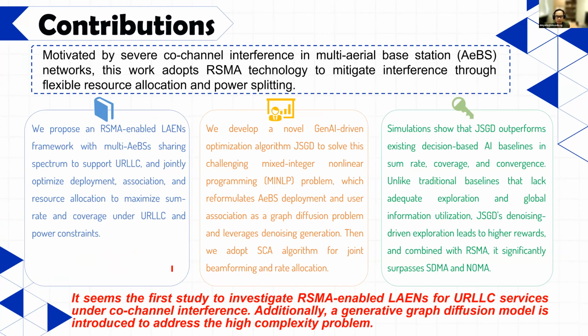So we propose the use of the RSMA enabled low altitude economy UAV networking framework with multiple aerial base stations. These aerial base stations share the spectrum to support the ultra reliable low latency communication services. It is able to jointly optimize the deployment, association, and resource allocation. The objective here is to maximize the sum rate and the coverage under the power constraint.